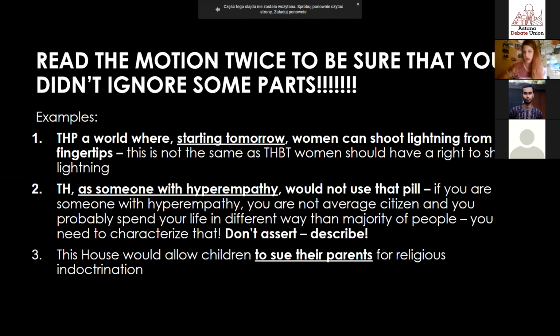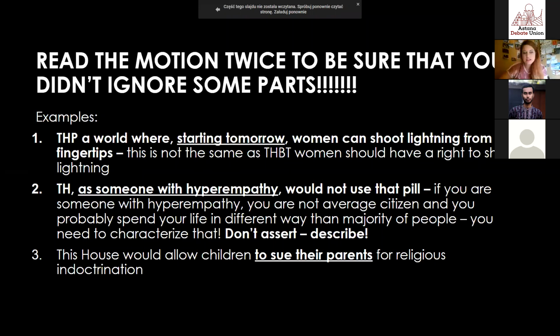Probably the people who are now in power, like a lot of misogynists, or people who didn't like women and didn't enjoy their power, didn't want to be like, oh yeah, you have lightning from your hands, I automatically give you 80% and I will allow you to do a lot of things. So the starting tomorrow gave different types of burden on the teams.